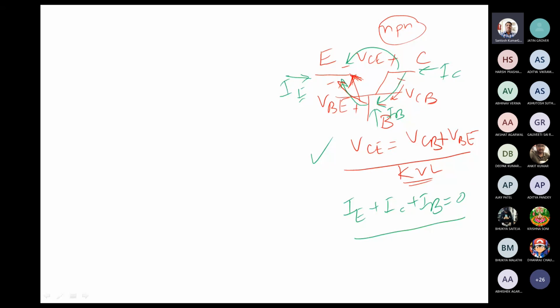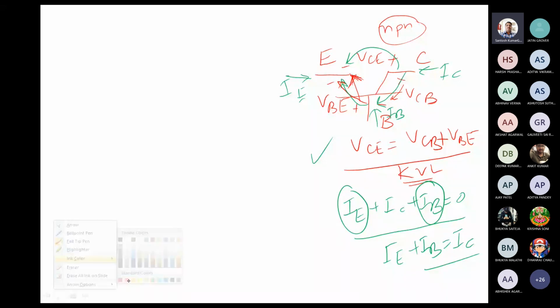So if IE and IB are the incoming currents, then IE plus IB must be equal to IC, which is the outgoing current. If we assume this, then we have to reverse the current direction of IC. This is outgoing.